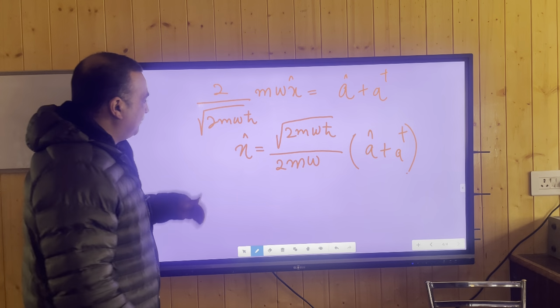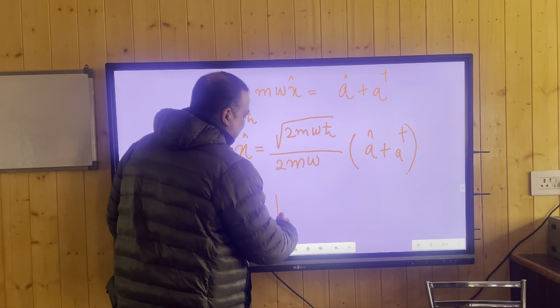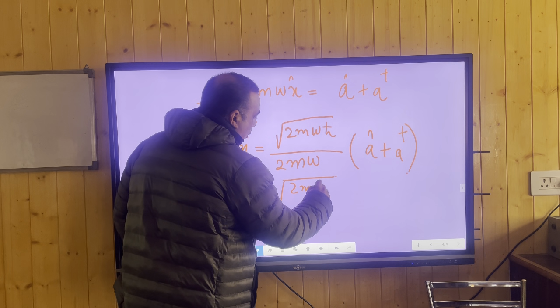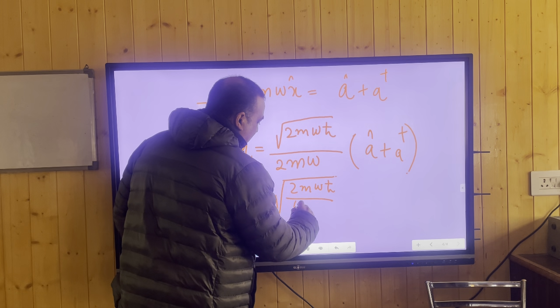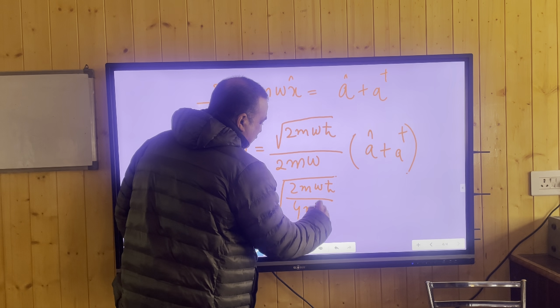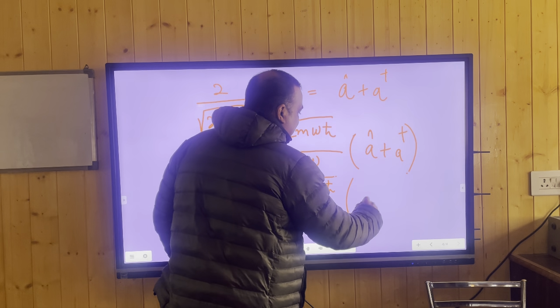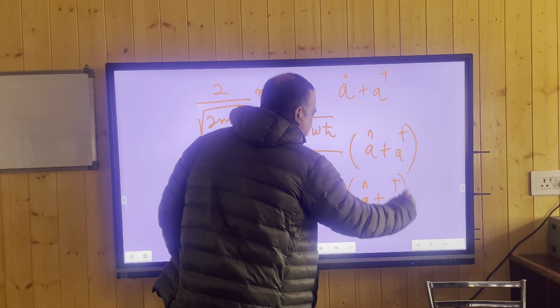We can manipulate this, and x cap can be written as a single root. So this will be 2m omega h bar divided by 4m square omega square, times a annihilation plus a creation.